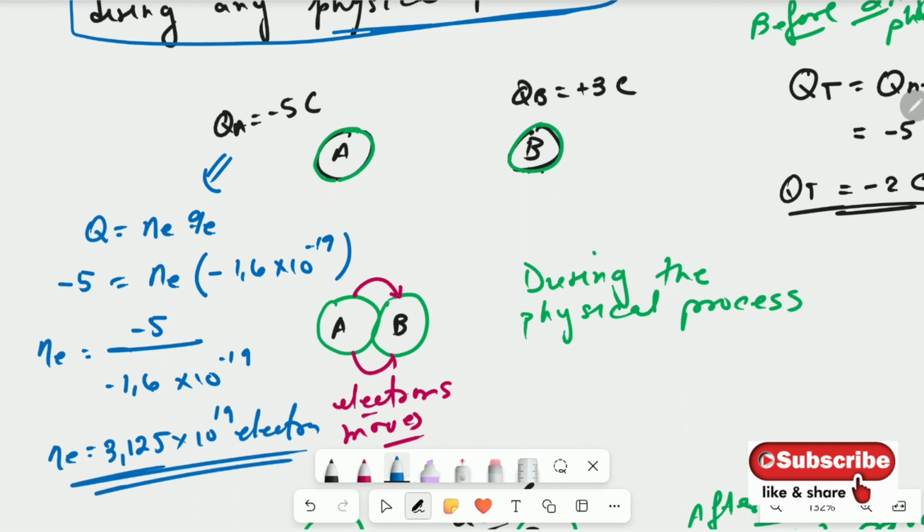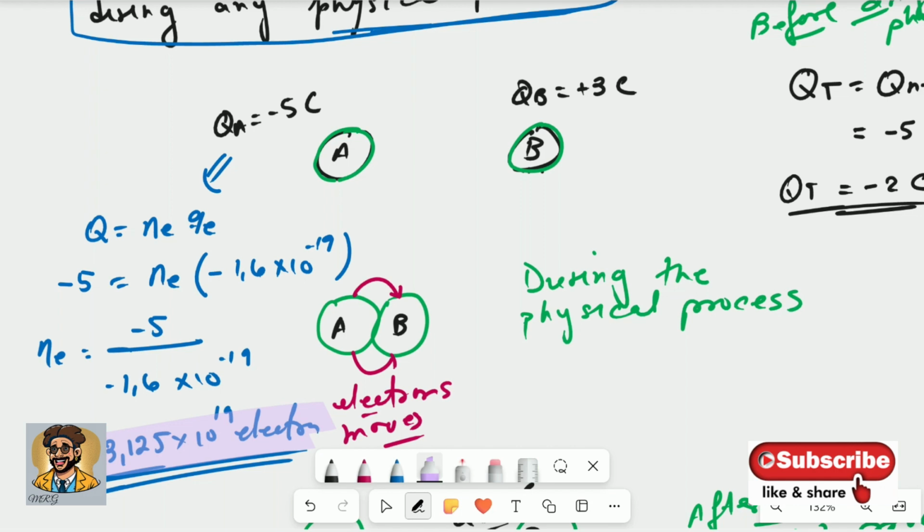So it means that sphere A has that number of extra electrons. That is why it is a negative 5 coulombs. That is not the total number of electrons. That is the number of electrons that give A that specific charge. Did you understand? Yes, sir.